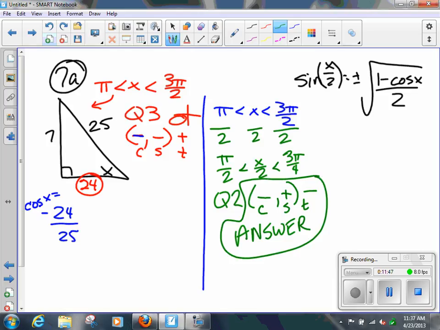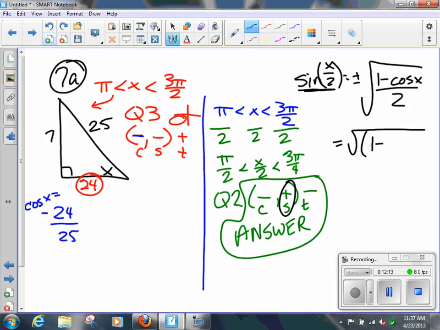And now I'm ready to crunch numbers. Do I need to continue writing plus or minus the square root of blah, blah, blah? No. I'm looking for the sine of my half angle, which is positive. So I'm done with my plus minus thing. I'm going to go old school: 1 minus, what's the cosine of x?